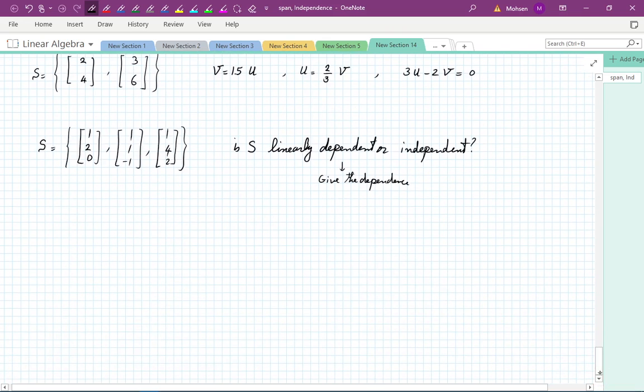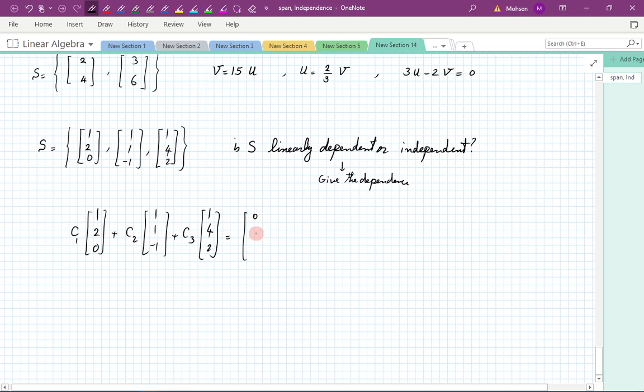So suppose I approach the problem like this: some multiple of the first vector, 1 2 0, with coefficient number 1, coefficient number 2, you can call them x, y, z if you want to make writing easier, coefficient number 3, 1 4 2. We set this equal to the zero vector. One of two things happens.